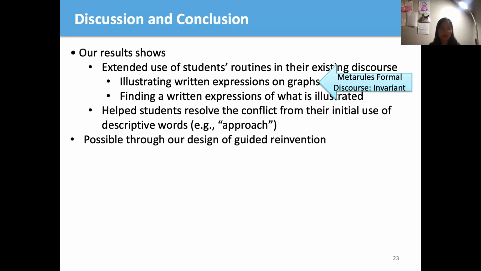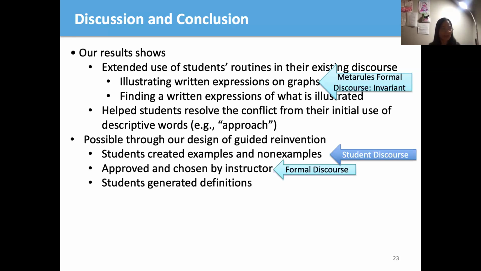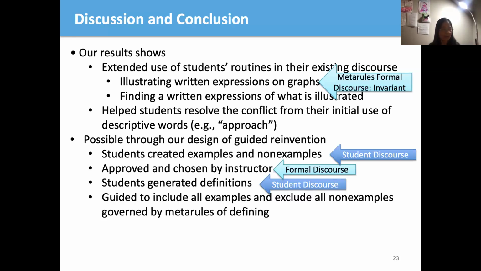And this was possible through our design of guided reinvention, where first students created examples and non-examples based on their existing thinking, which were approved and chosen by the instructor from the formal discourse perspective. Students generated their own definitions based on their own thinking, but they were guided to include all the examples and exclude all the non-examples, which is governed by meta rules of defining in the formal discourse.